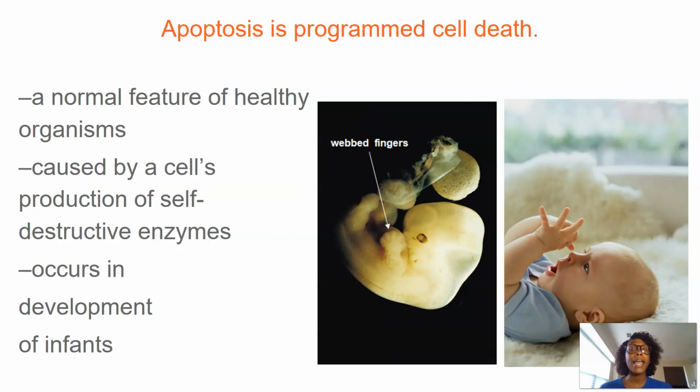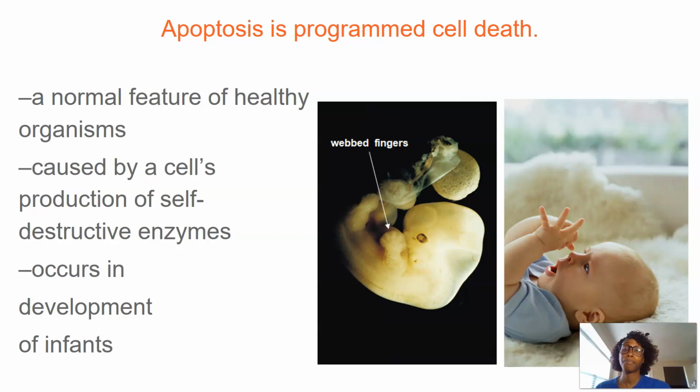It will do this through a process called apoptosis. Apoptosis is cell death. It programs the cell to die. It uses enzymes to kill off the cell to make sure that it does not go through the process of mitosis.